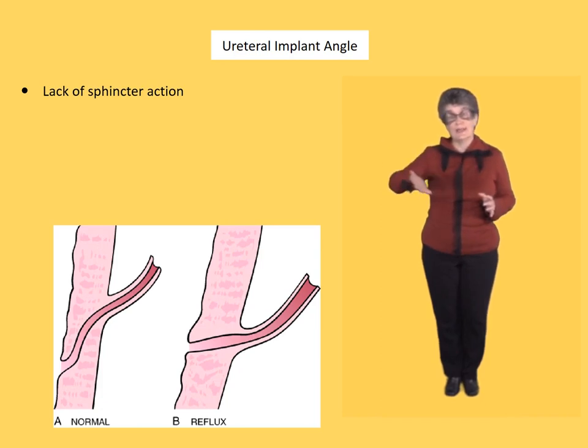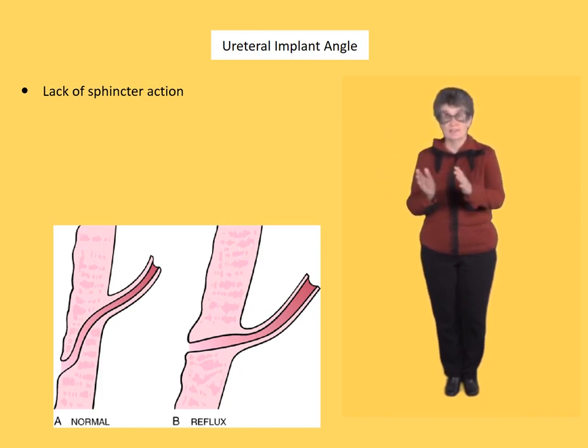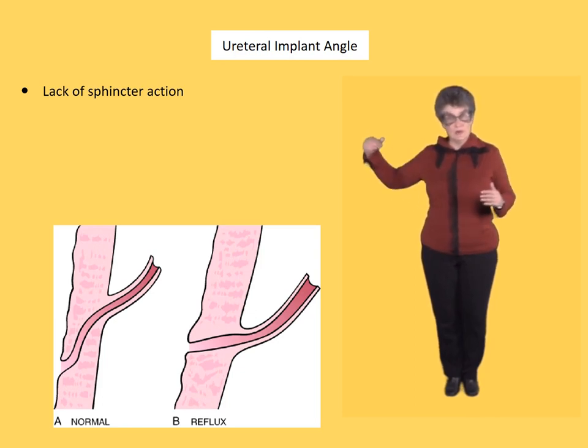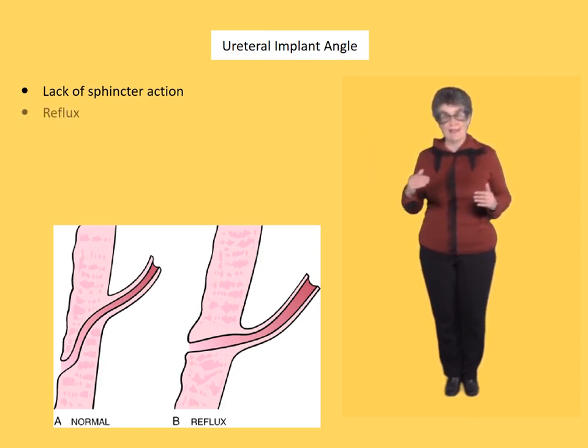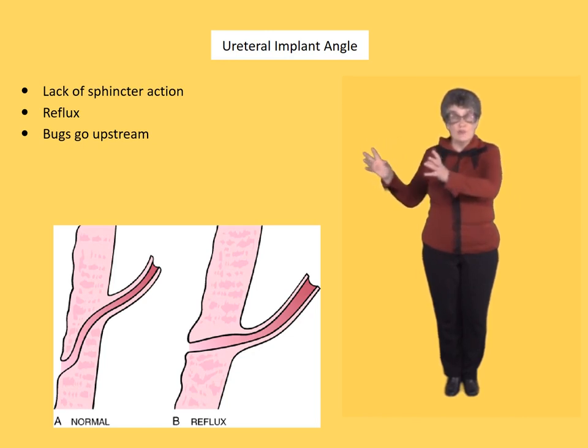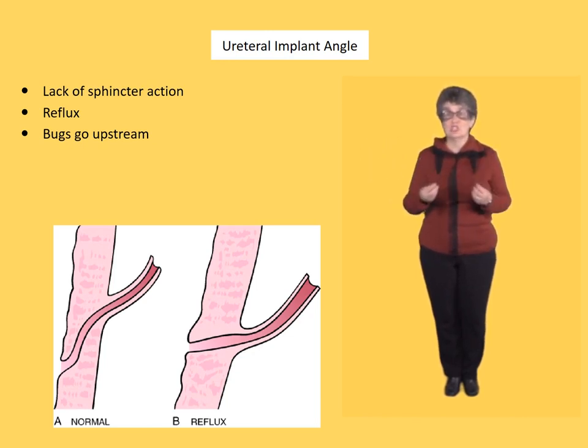If this is quite acute and there's lots of muscle pressing on the end of the ureter, it'll form a good seal and there'll be no reflux. But if the ureter comes in almost at right angles, the seal is much poorer and reflux of the urine up to the kidney occurs. It also forms little pockets that are much more likely to get infected.